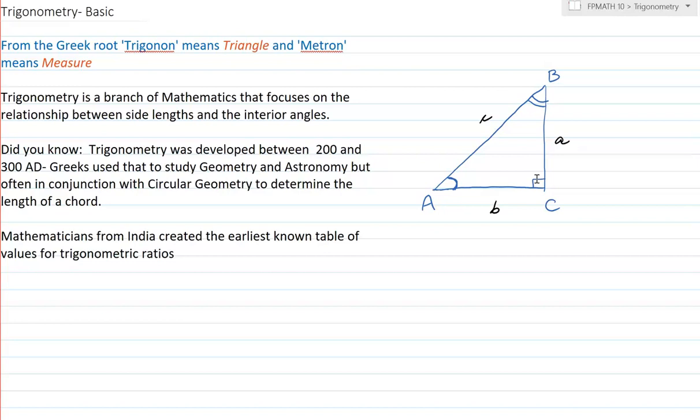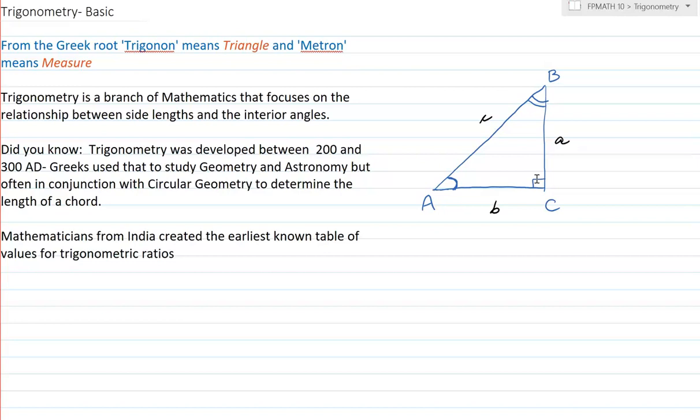A little bit of background history on this. Basically, it was developed between 200 and 380 in Greece. A lot of ancient philosophers and mathematicians developed that, and they used it mostly to study geometry and astronomy.